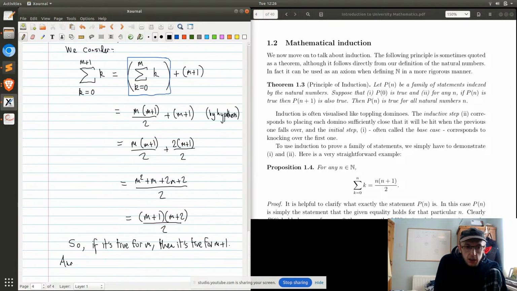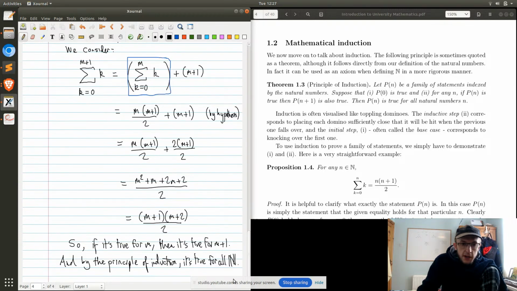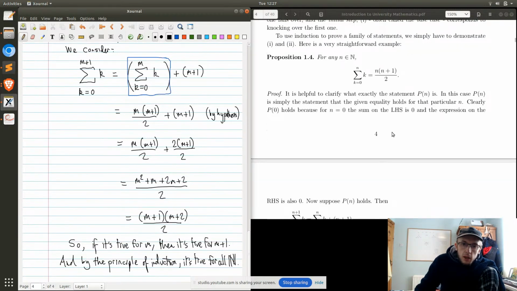And by the principle of induction, it's true for all n, for all the natural numbers, because we proved it for 0. We proved that if it's true for m, then that implies it's true for m plus 1, and therefore it's true for all of them. Okay.